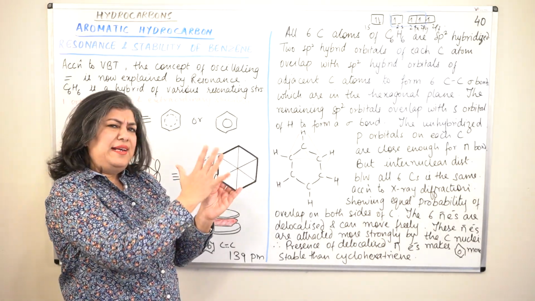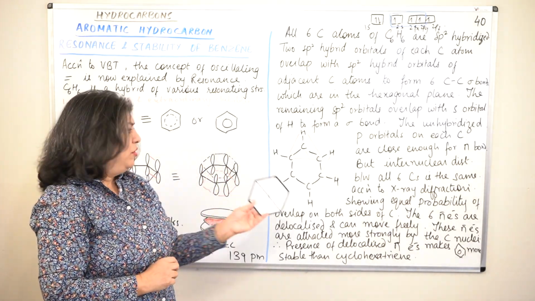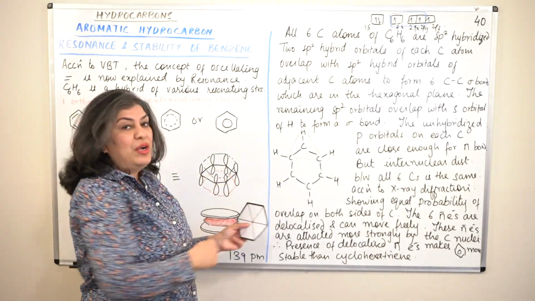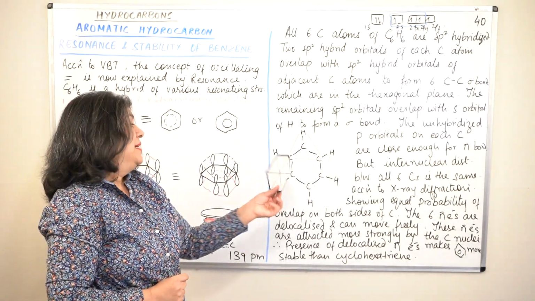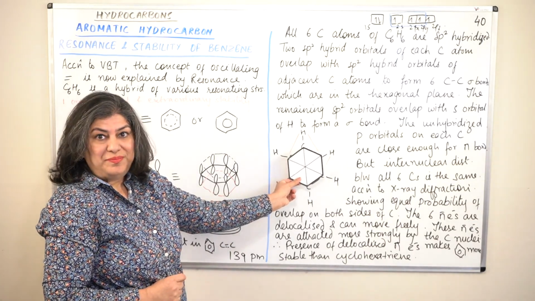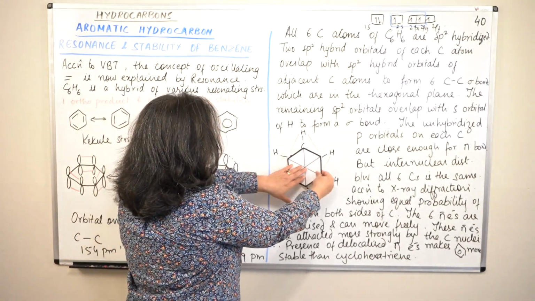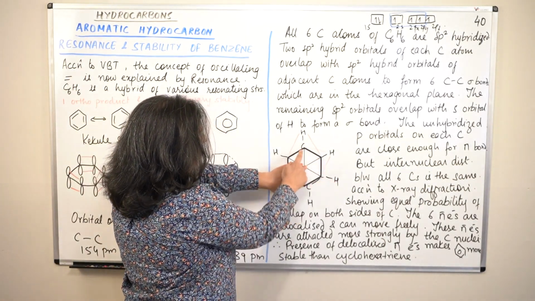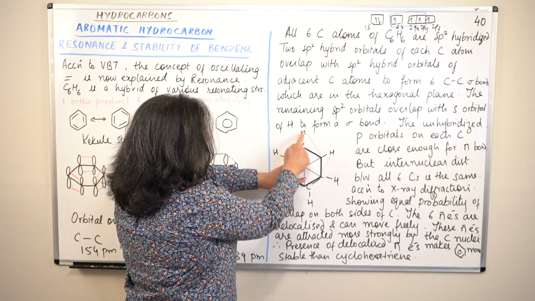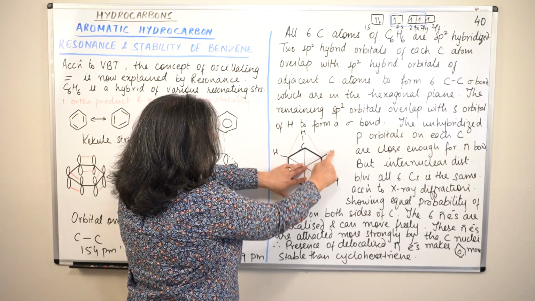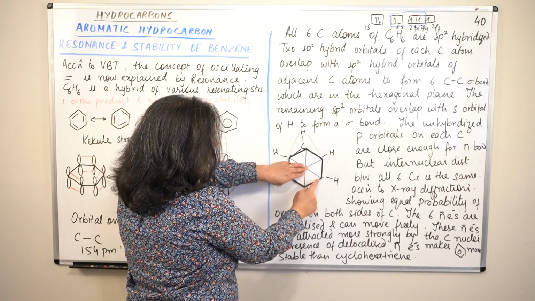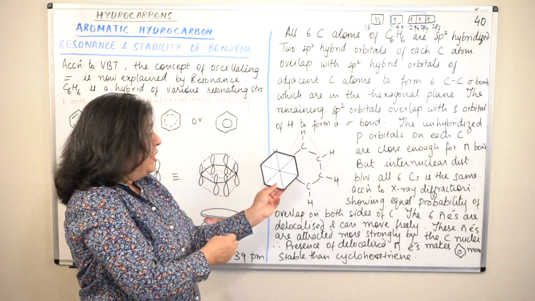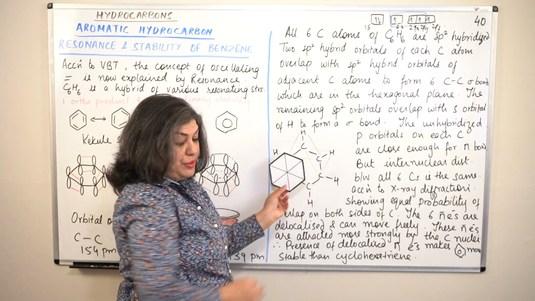It is planar, it is very symmetrical, although when we make it on the board it looks slightly longer, but it is actually very symmetrical. So each one of the corners is a carbon, the carbon forming two bonds with two carbons and one with hydrogen, the same thing that I explained to you. So it is a very planar structure.